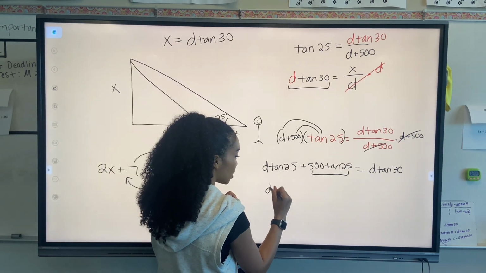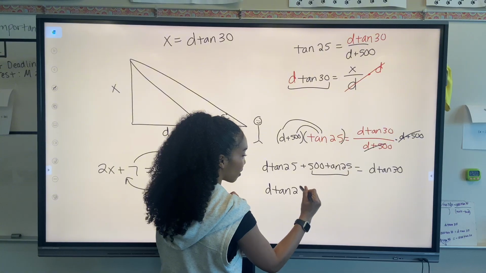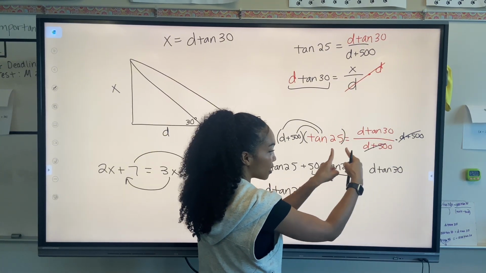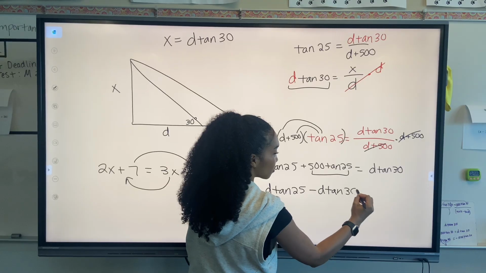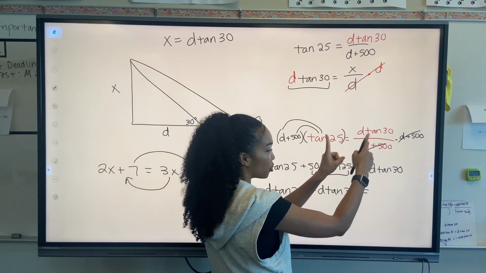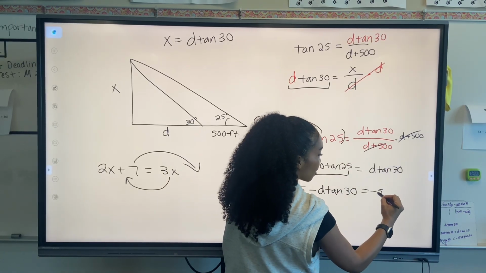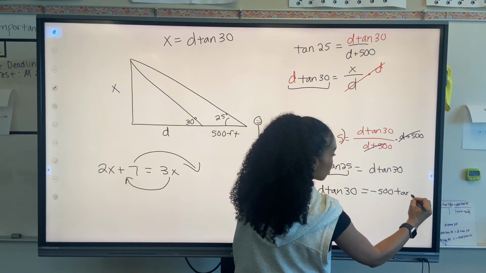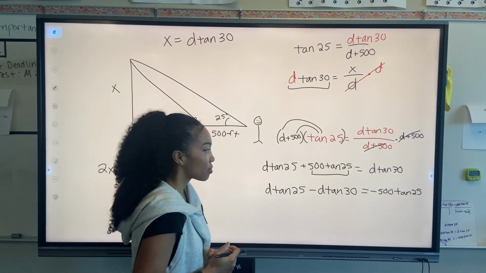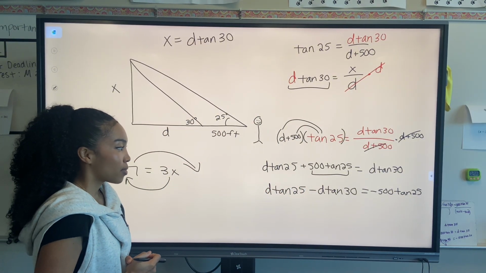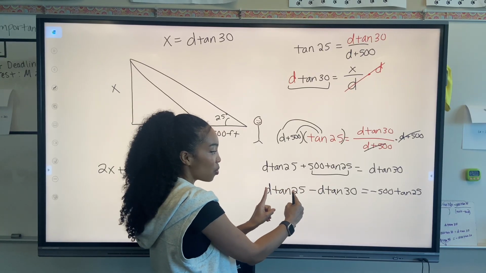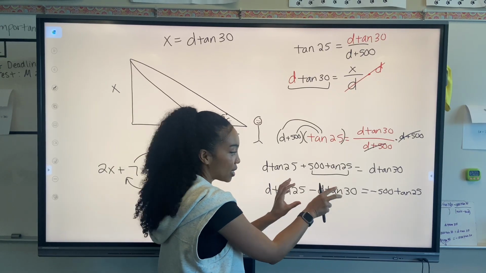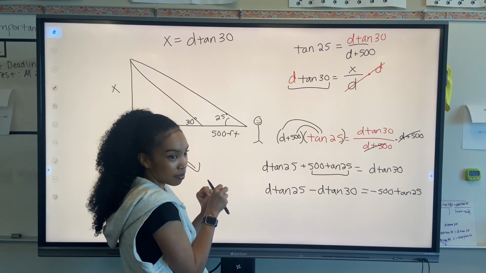I have d tangent 25. I'm gonna move this to this side so that it's a minus d tan 30 equals, I'm moving the 500 to the other side, so it becomes negative 500 tan 25. Okay, now I'm going to factor this side. These both have a d, so I'm going to take a d out from both of them, okay?